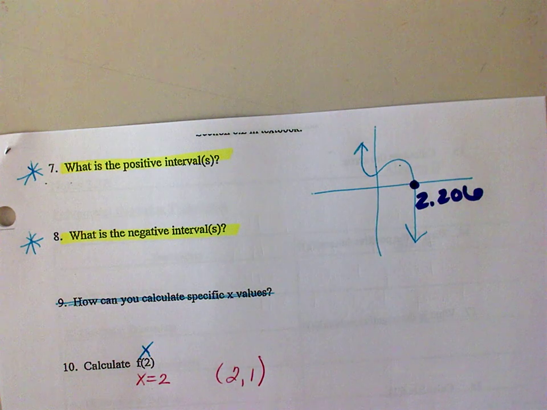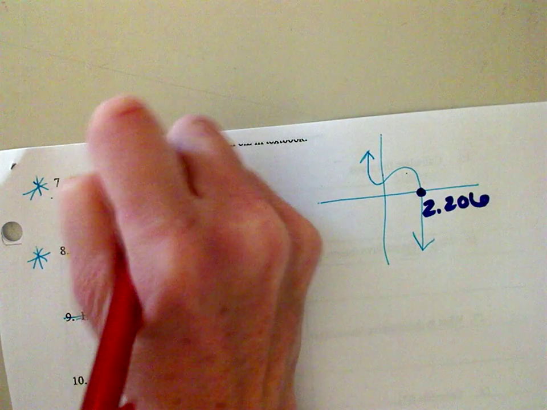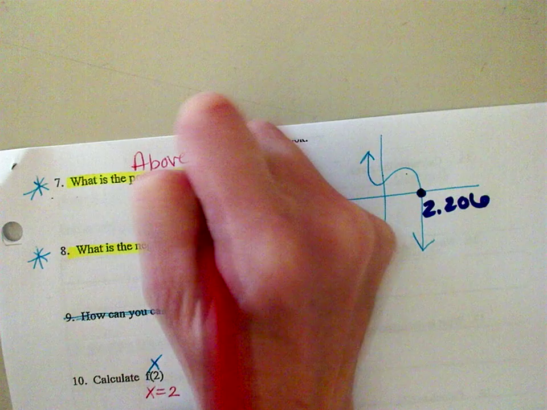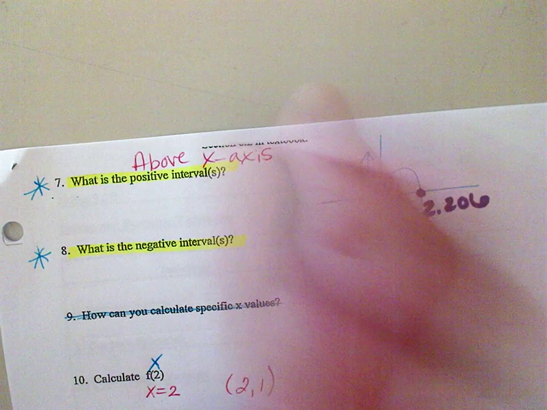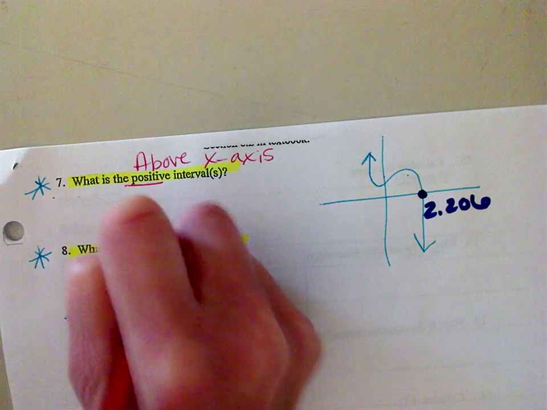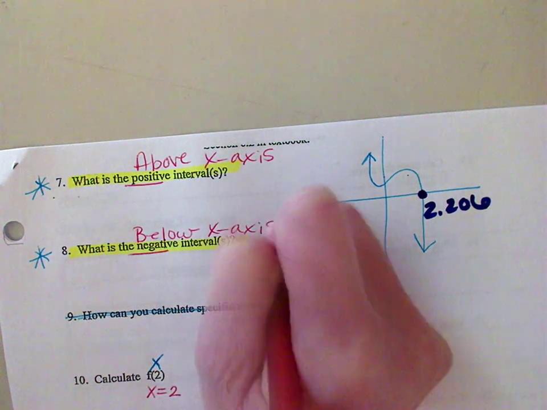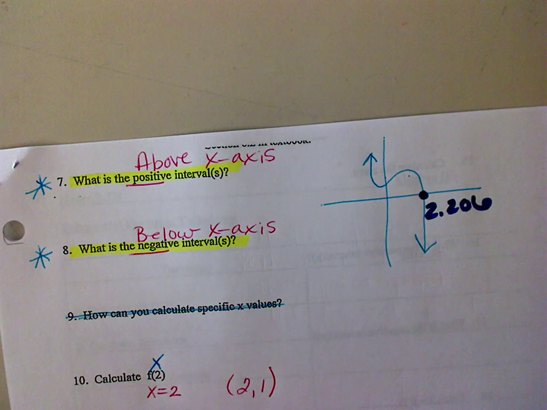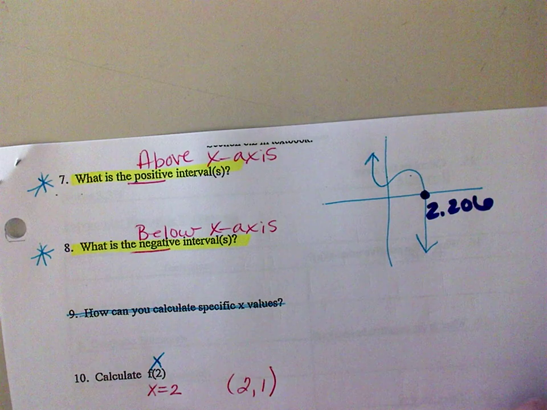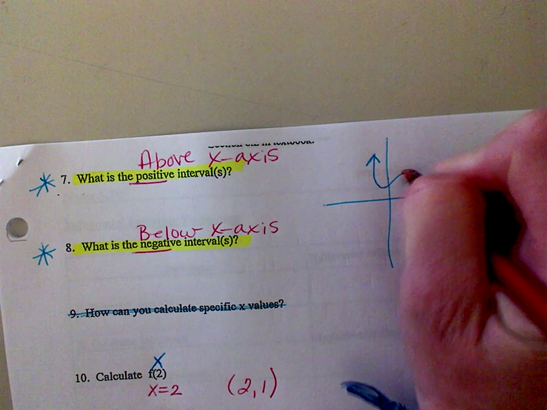The positive interval is where our graph is above the x-axis. And the negative interval is where our graph is below the x-axis. So if I look, my graph is above the x-axis right here.